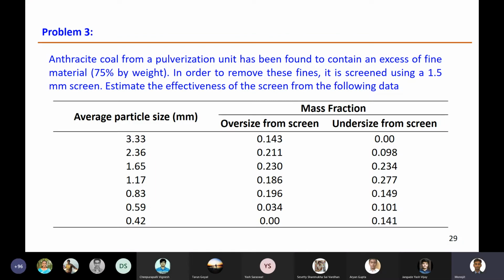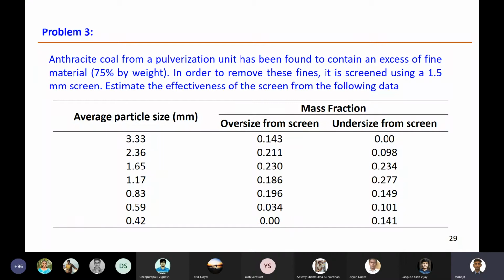So listen to these problems, because you can expect problems from sieving in most of your exams. Okay, so what does this problem say? It says that anthracite coal from a pulverizing unit has been found to contain an excess of fine material, 75% by weight.